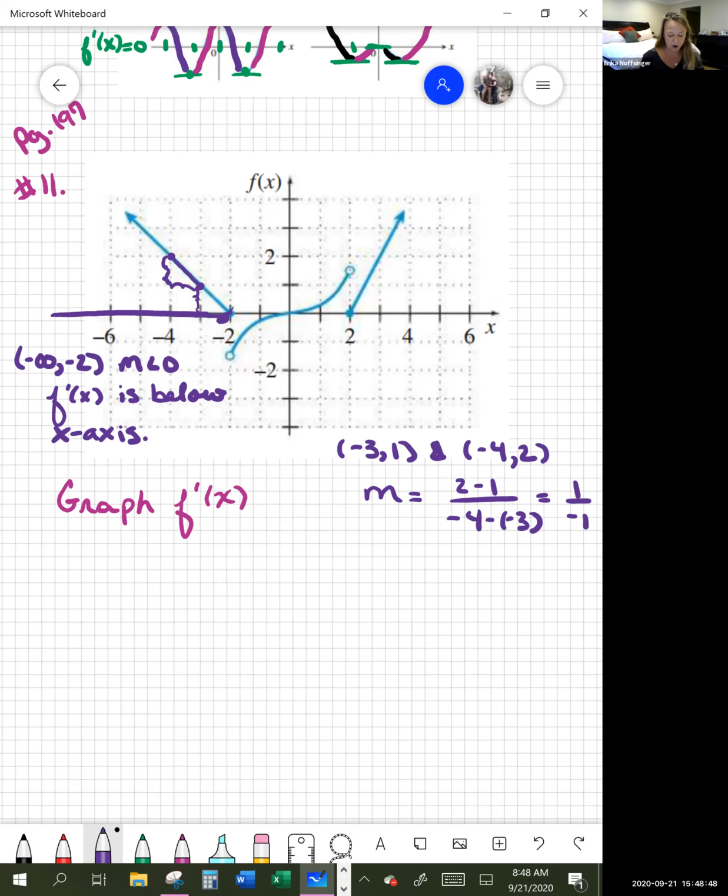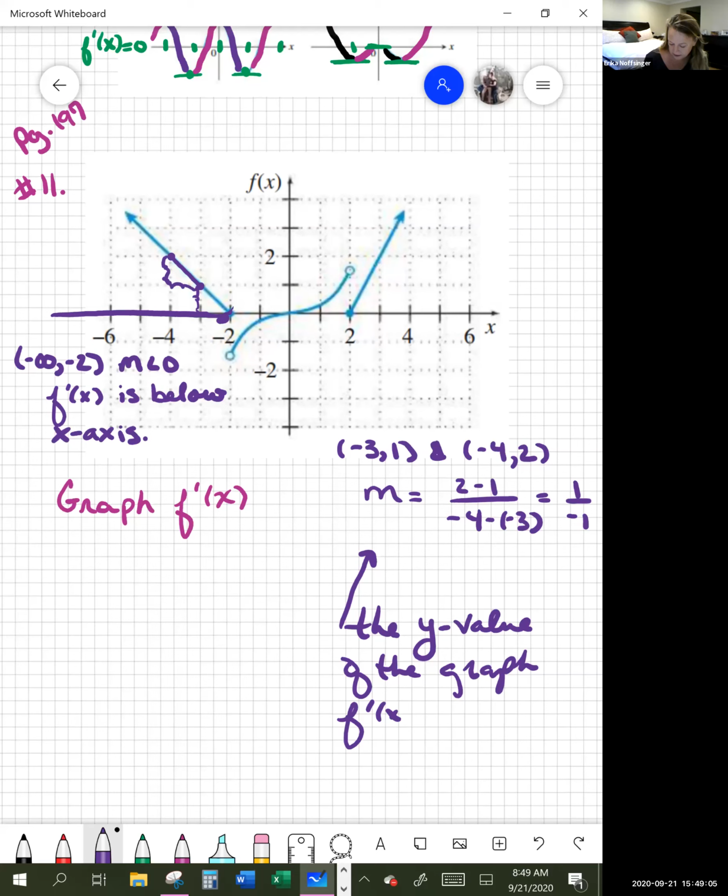So we know that the y value of the graph f prime of x is equal to -1 for x contained in the interval from -infinity to -2.